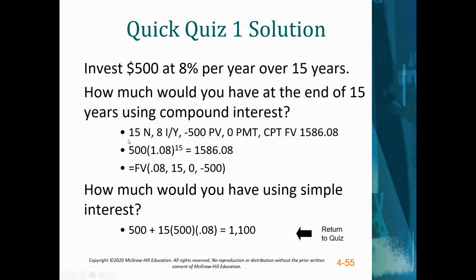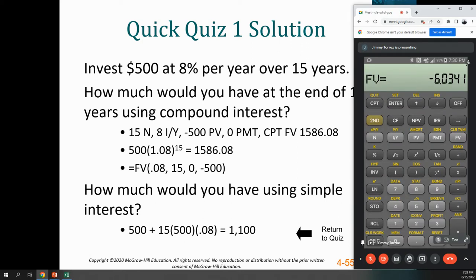So, all right, let's look at the solution. Here, N is 15, 8 is I/Y, the present value is negative 500, and when I compute the future value, I get 1,583. So let's go ahead and do that with the calculator. So here, 15 is N, so 15 N, enter. 8 is the interest rate, 8 I/Y, enter. Payment of 0, that's the default, so I'm going to leave that alone.